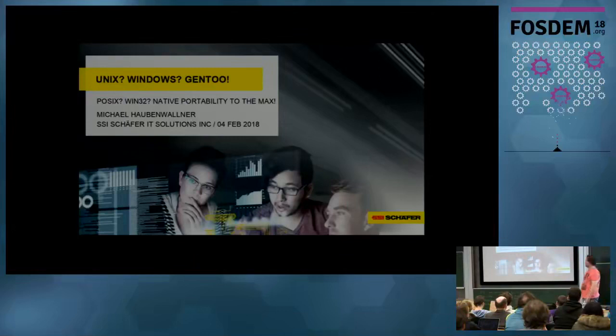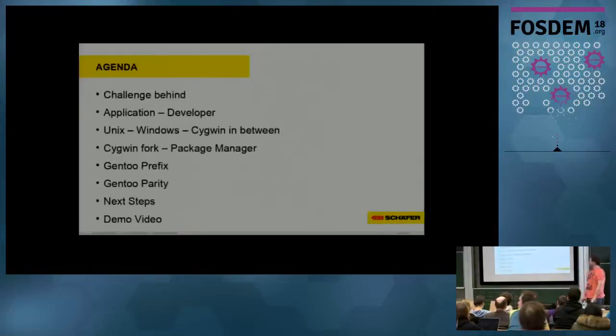And yeah, this is what I'm going to talk about today. Of course, there is a challenge behind. Then there is a difference in the requirements between application and the developer. Another thing is the difference between Unix and Windows. Fortunately, there is Cygwin to fill the gap in between.